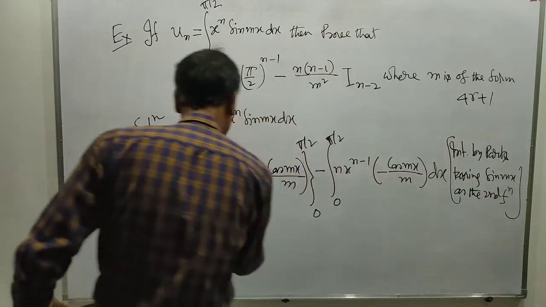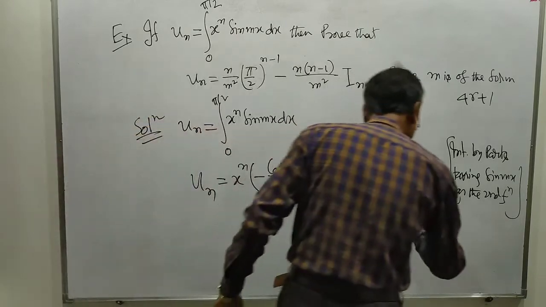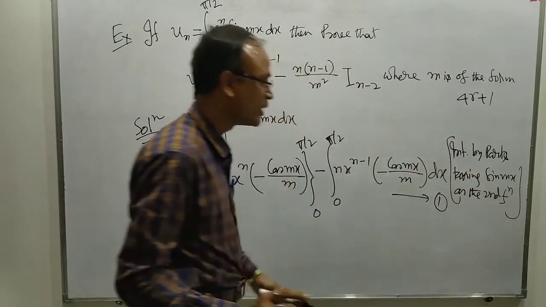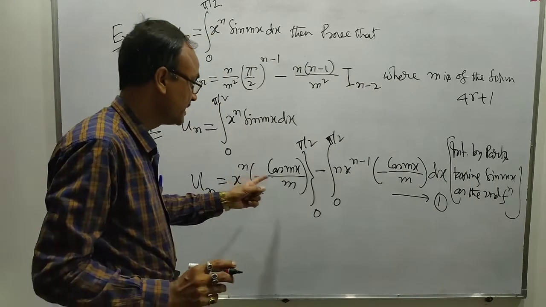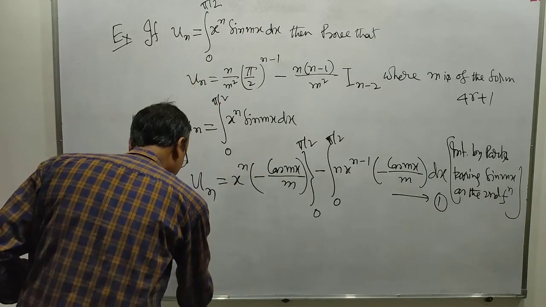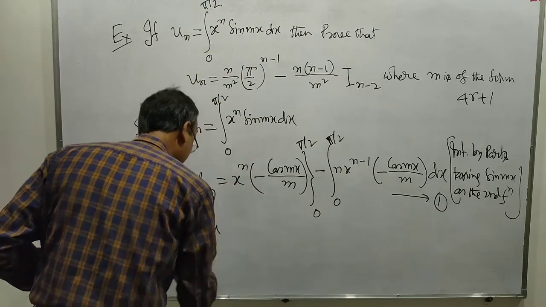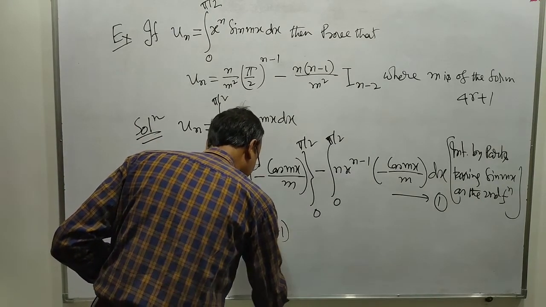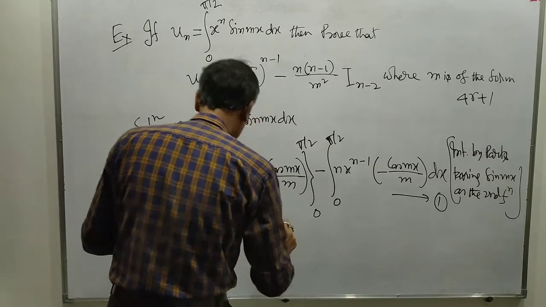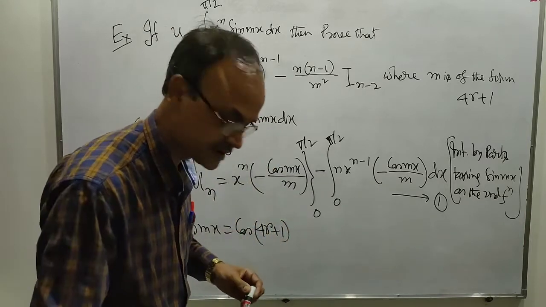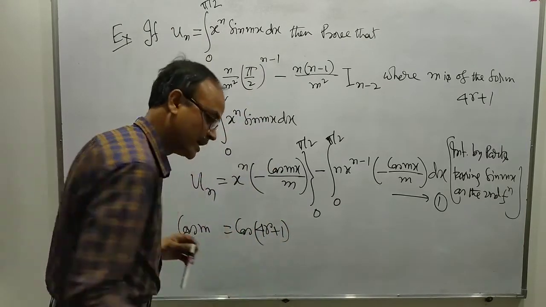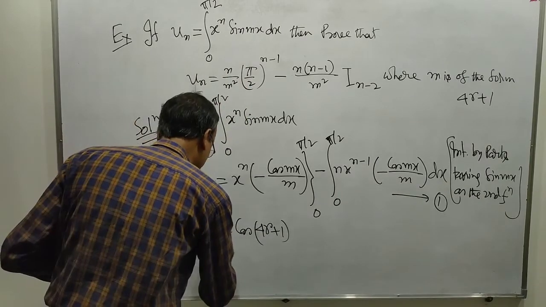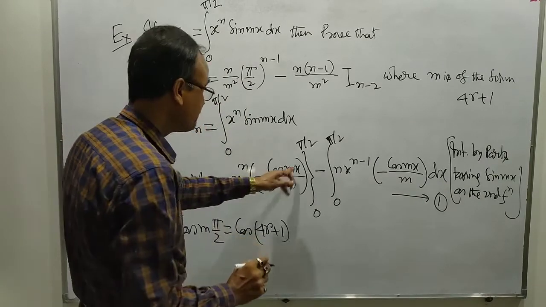Suppose this is number 1. We are going to evaluate cos m pi by 2.